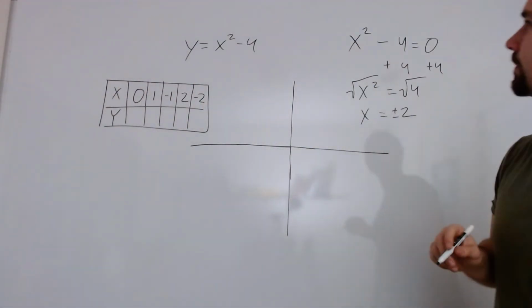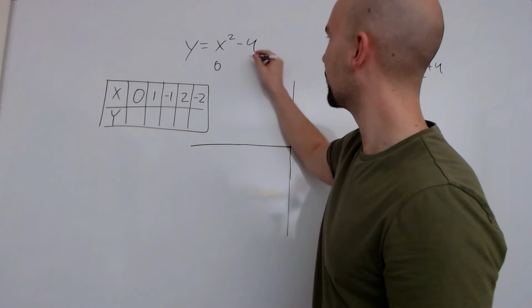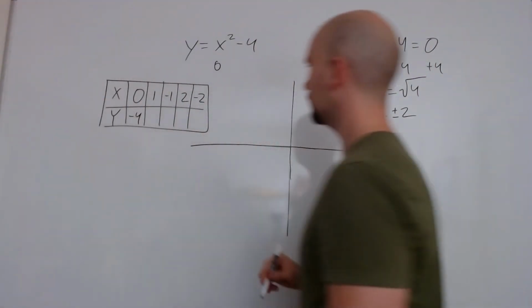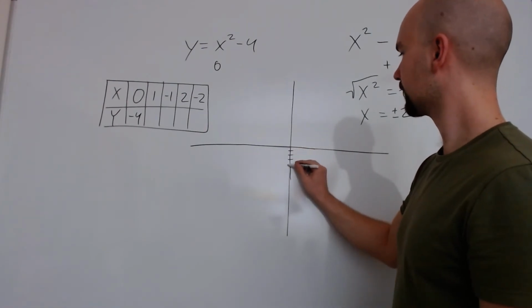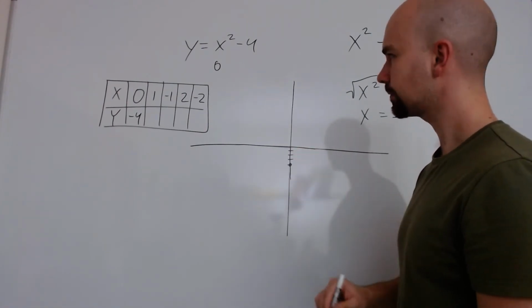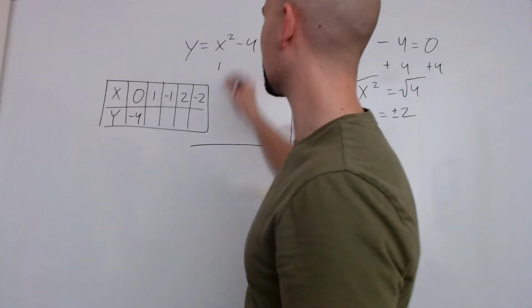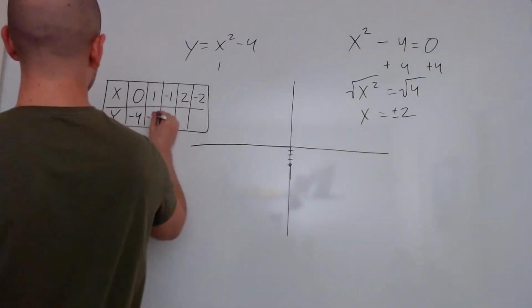All right, so y equals x squared minus 4. If x is 0, 0 squared minus 4, y is going to be negative 4. So our y-intercept is negative 4. If x equals 1, 1 squared is 1, minus 4, y would equal negative 3.